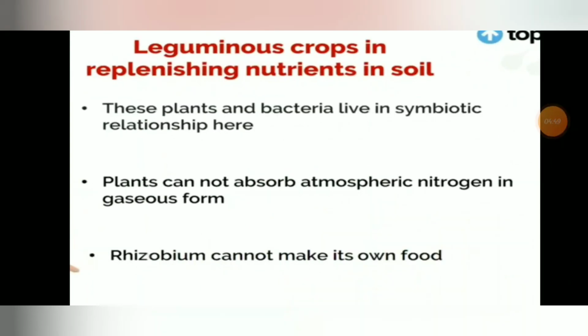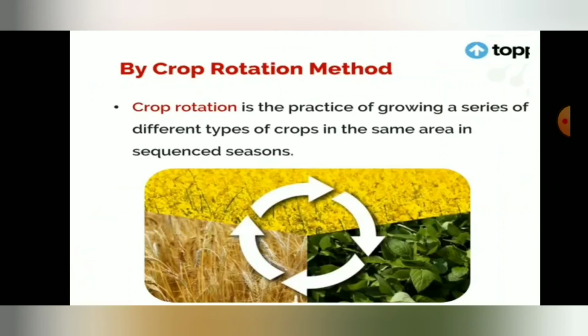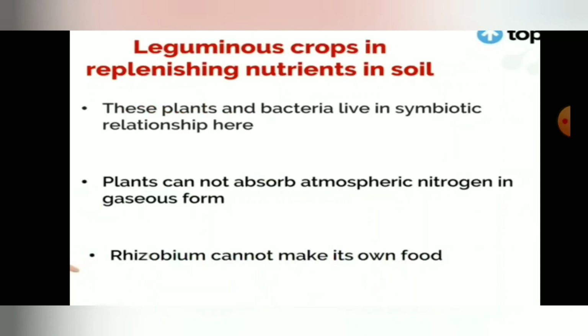Next, leguminous crops in replenishing nutrients in the soil. So you have understood the crop rotation method now. The next method is leguminous crops. That means leguminous plants also help in increasing the fertility of the soil. How can it be increased? These plants and bacteria live in a symbiotic relationship.